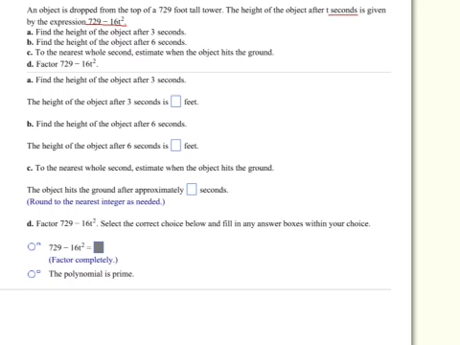In part A, we're trying to find the height of the object after 3 seconds. Remember, t is seconds, so t is going to equal 3. I'm going to substitute 3 in place of t, and now I'll simplify.